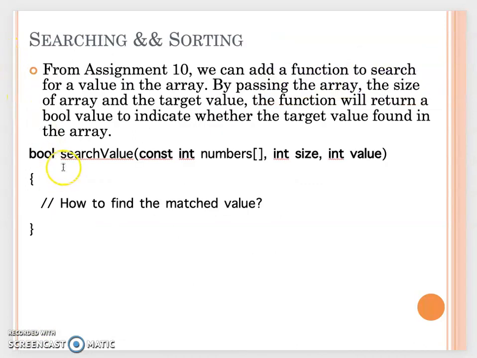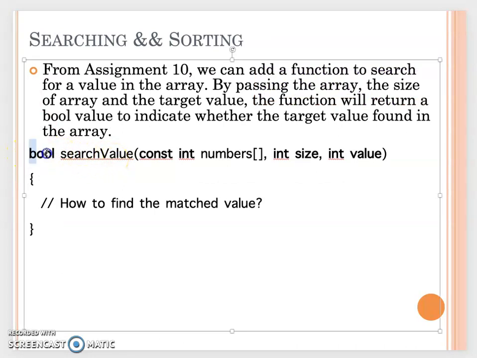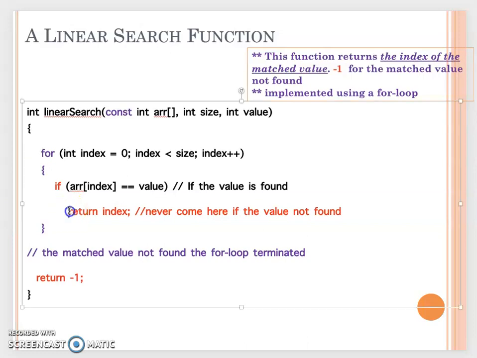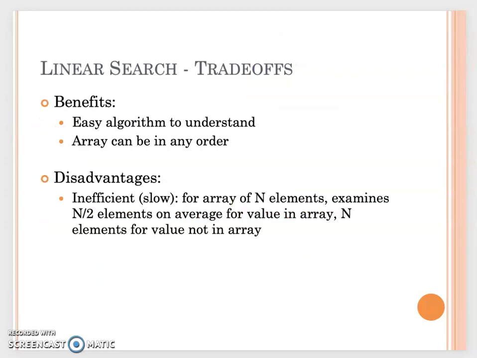So do you know how to implement this searching value function, returning the bool instead of the int, using the for loop? Earlier in our for loop, if we found it, we returned the index. If we didn't find it, we returned -1. Very good. If we change this, it becomes the bool data type.